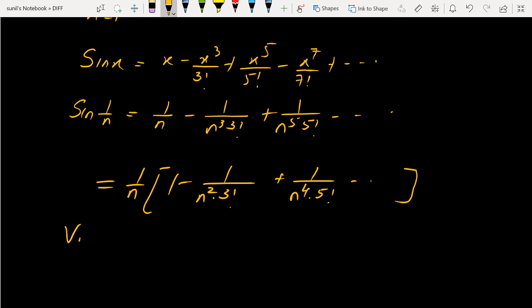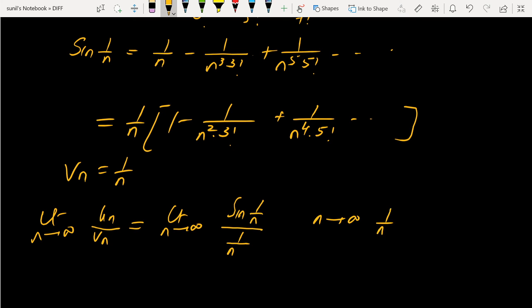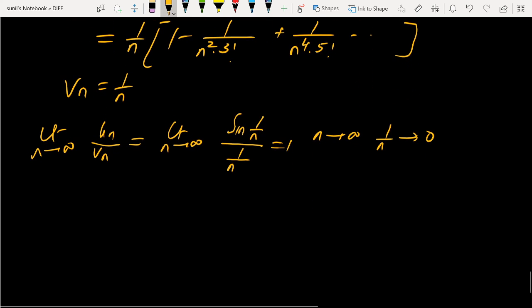Now if I take my Vn as 1 by n, now what you will observe, limit n tends to infinity, Un by Vn is simply limit n tends to infinity of sin 1 by n upon 1 by n. Now see, when n tends to infinity, 1 by n tends to 0, so this limit is 1, which is finite and non-zero.